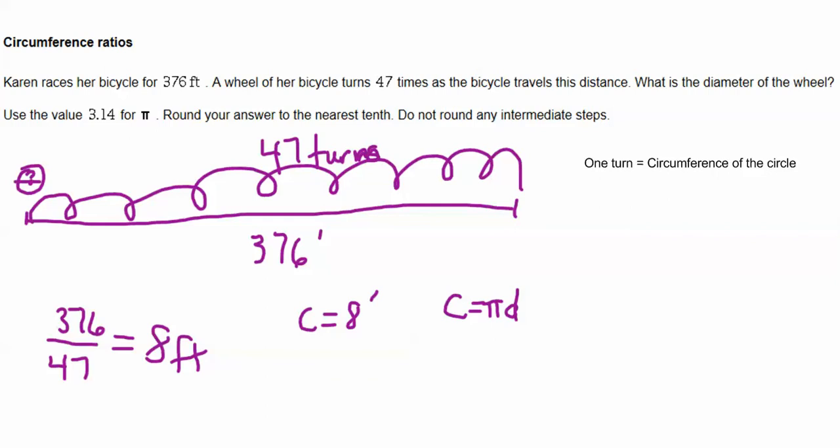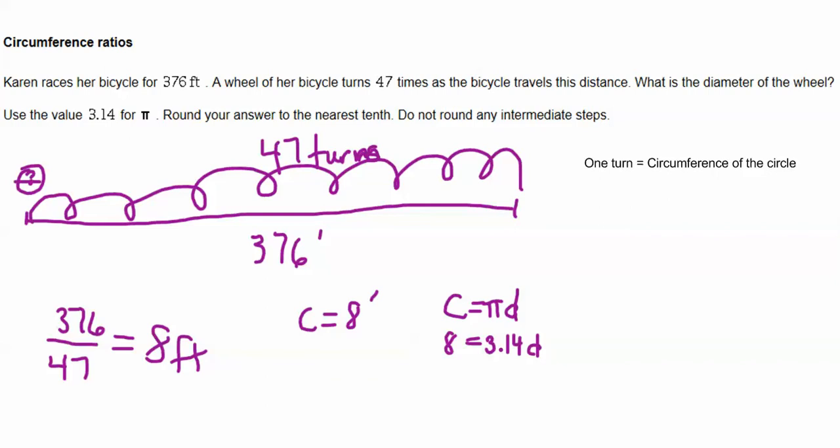Now we're going to substitute in the information that we know. One tire turn is 8 feet, or the circumference is 8 feet, so an 8 goes in for C. They want us to use 3.14 for pi, and then that times diameter. Here you're looking at a one-step algebraic equation. 8 is equal to 3.14 times d.